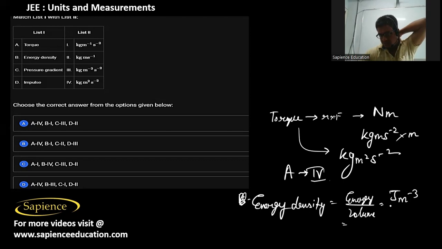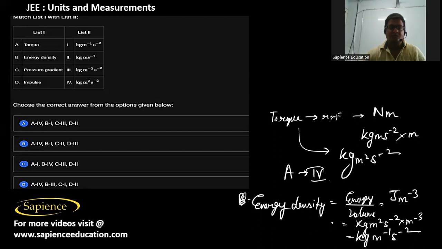Or I can say joule is actually kg meter square per second square into meter power minus 3. So that will be kg per meter per second square. So this is the SI unit of energy density. So obviously B will match with 1. And then we have to see the part C.